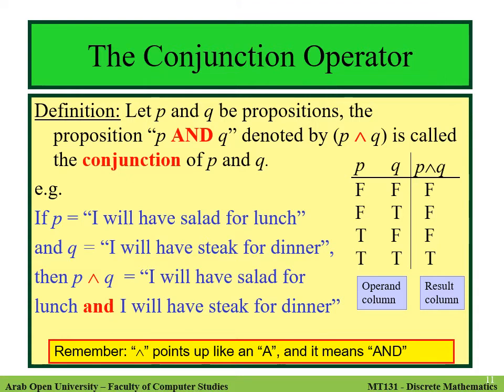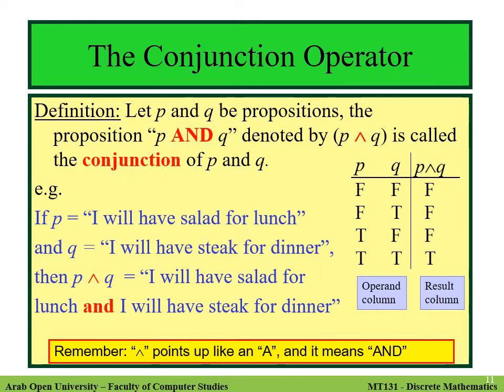Now, going back to the statement, when you say P and Q, for that to be true, both parts, both P and Q, must be true. The truth table, now to write the truth value for P and Q: if the statements are both false, you get a false truth value for P and Q. If one of them is false, such as in the second line, F and T, and the third line, T and F, the truth value for AND will be false.